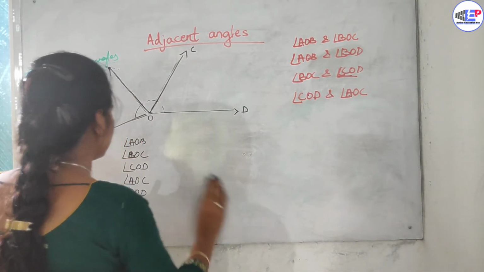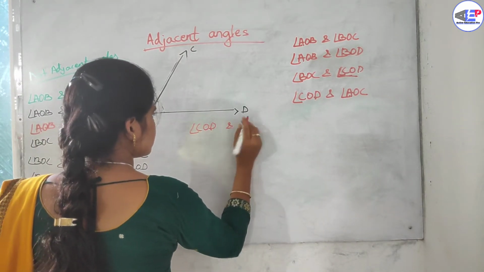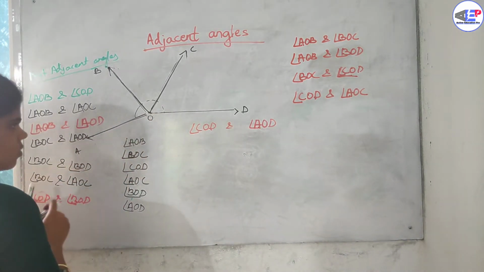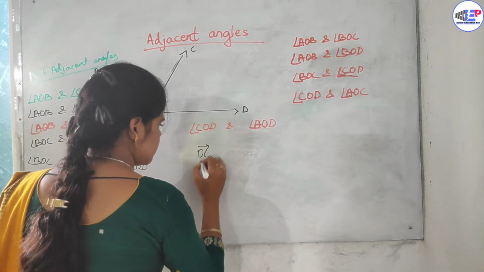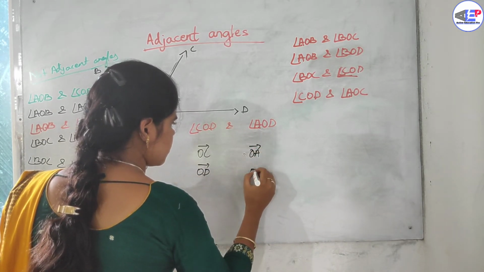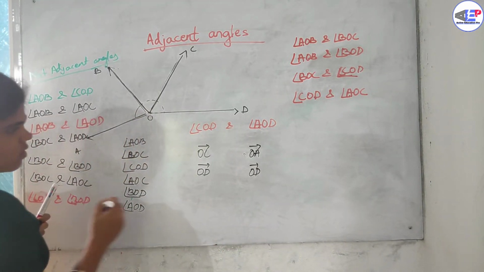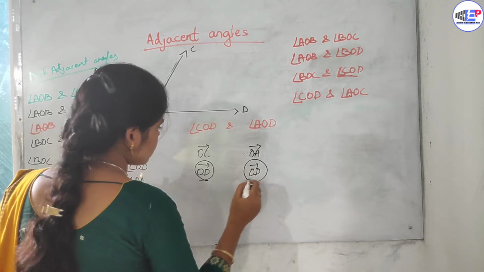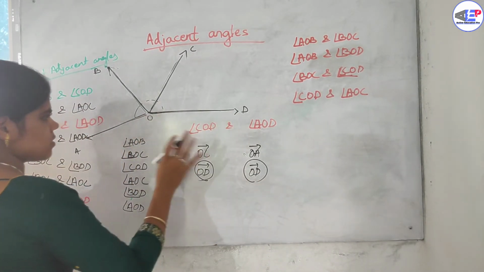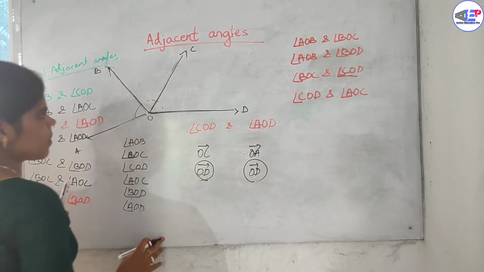Then the next pair, COD with AOD. As you know, we need OC and OD rays for COD, and OA and OD rays for AOD. The common vertex is O and the common arm is OD for these two angles, COD and AOD.